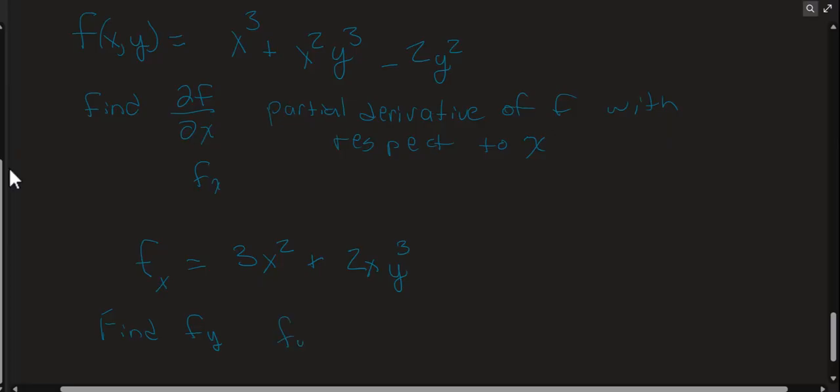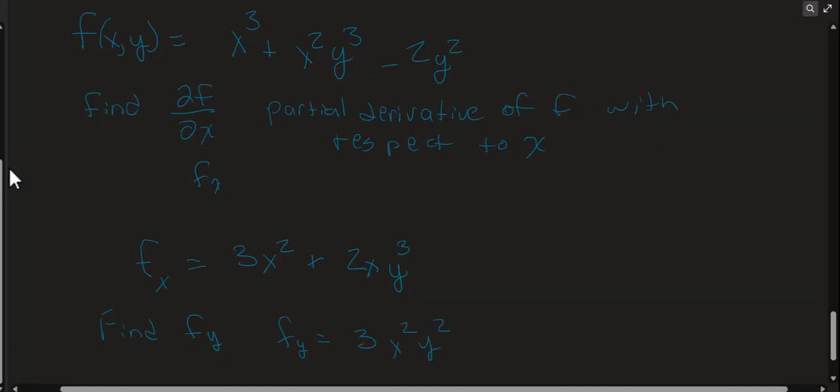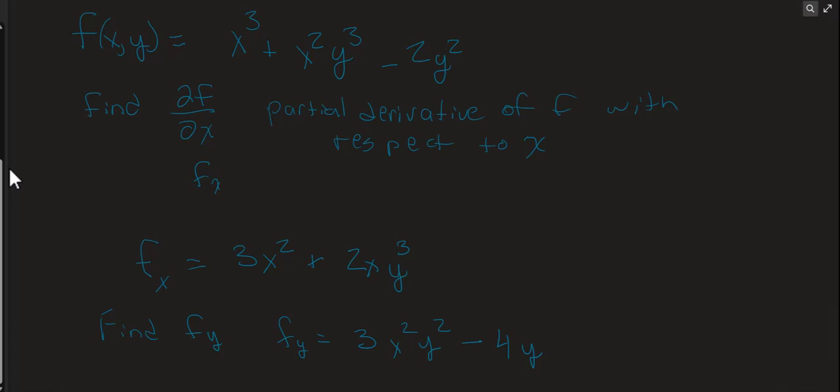The derivative of x cubed is 0, because we're going to treat x as a constant. And then x squared y cubed, that would be 3x squared y squared, minus 4y. So you just differentiate the one that you are looking at.